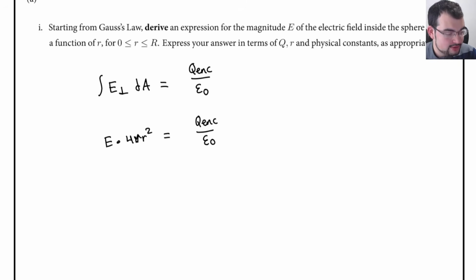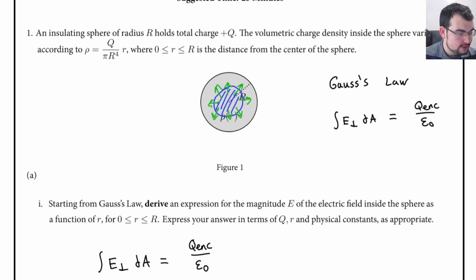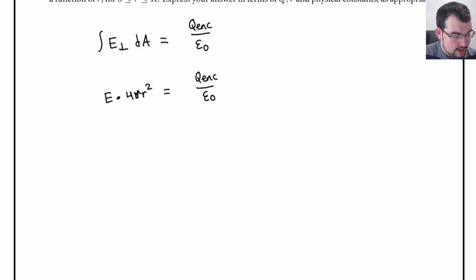Now, the issue with Gauss's law is always finding Q enclosed because it's non-trivial, especially if we have a density function like this. So we have to use the relationship that Q enclosed is charge per unit volume times volume, but since the charge per unit volume is varying, we have to take an integral. Now, here we're using a sphere.